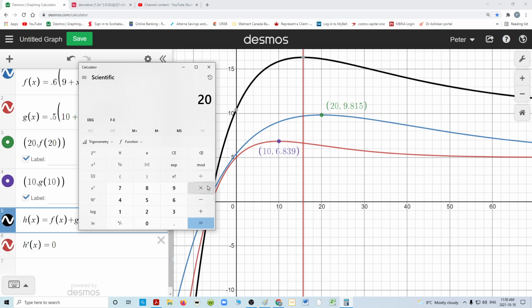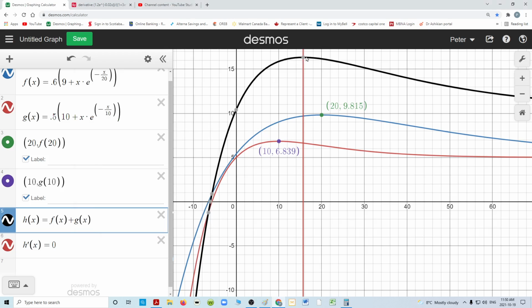So 20 times 9.815 plus 10 times 6.839, divided by 2, and then actually you'd have to then divide it by the average of their efficiency. I think you'd have to divide it by like 16.6 or something. It's quite complicated, and even then I didn't get it.